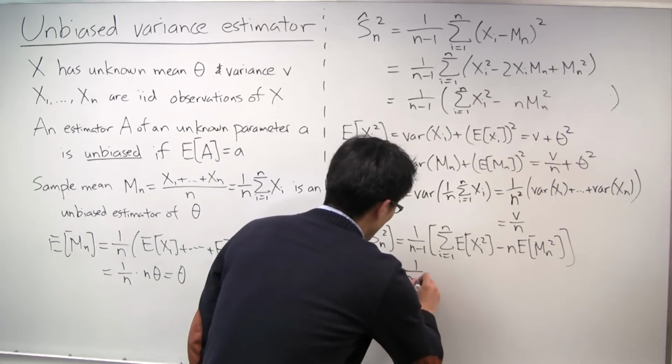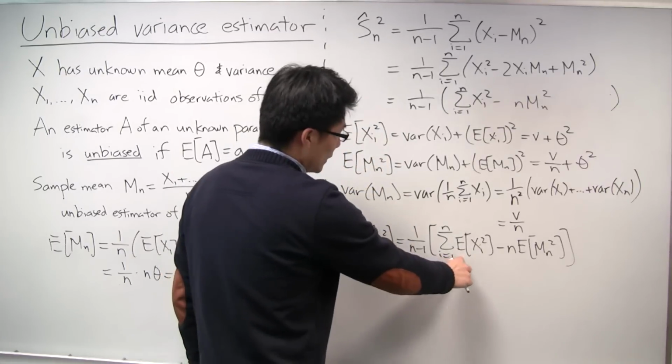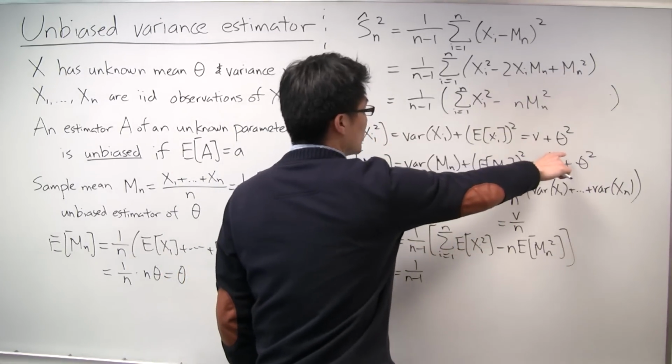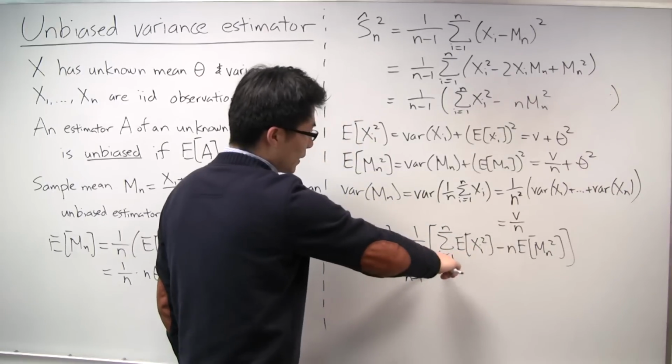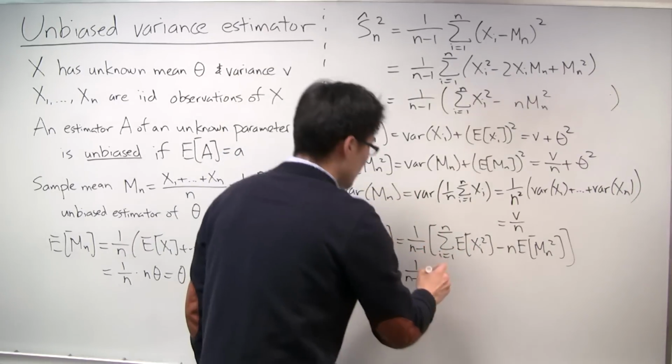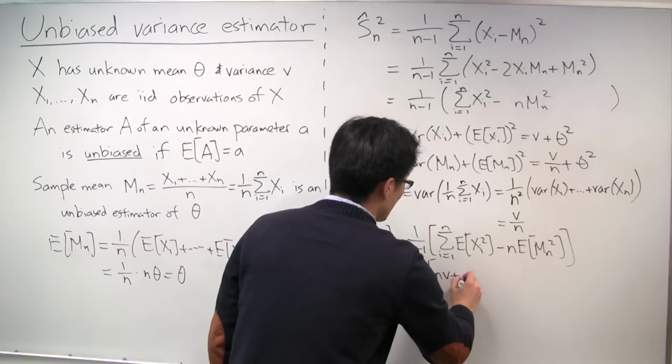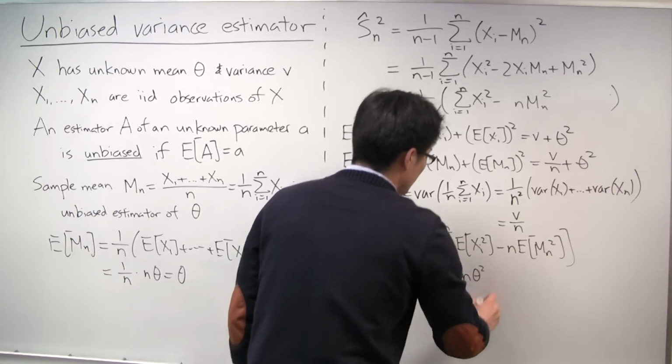We still have the 1 over n minus 1. We calculated the value of the expectation of xi squared. It's equal to v plus theta squared. That doesn't depend on i, so we just have n copies of that. So it's n times v plus n times theta squared.